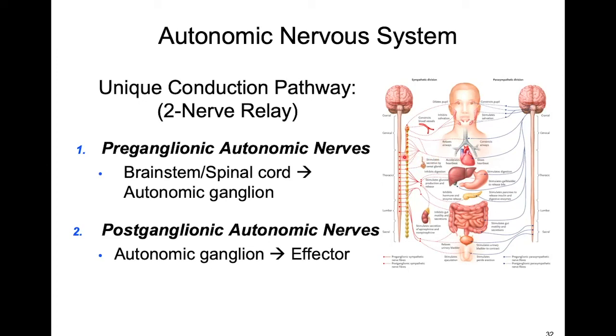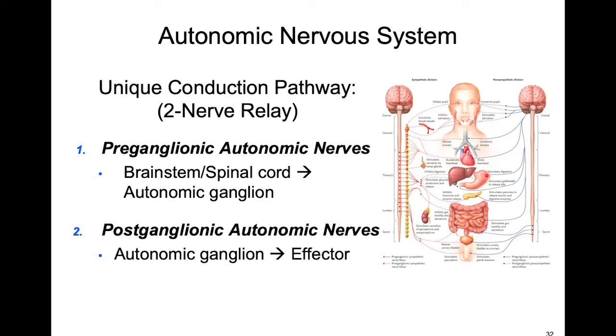So ultimately, the preganglionic autonomic nerves you'll see here are very short in the sympathetic nervous system. And if you compare those to the preganglionic in the parasympathetic nervous system, they are much longer. In contrast, the postganglionic in the sympathetic are long compared to the pre.